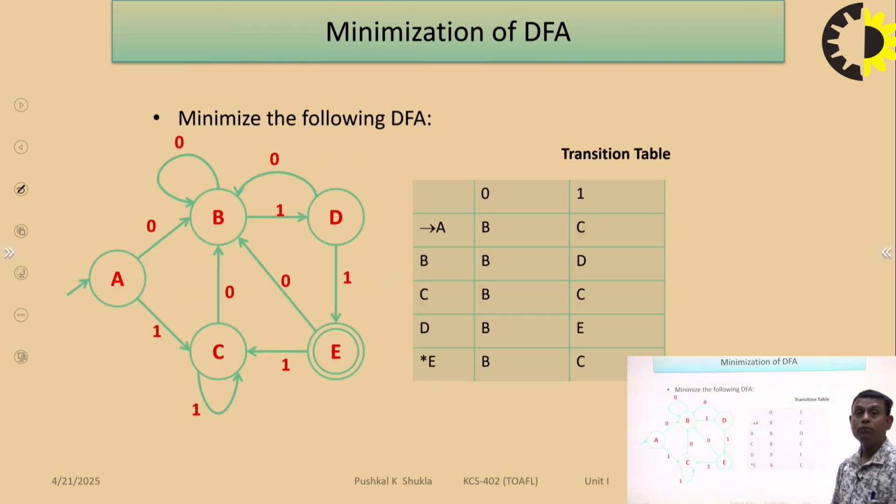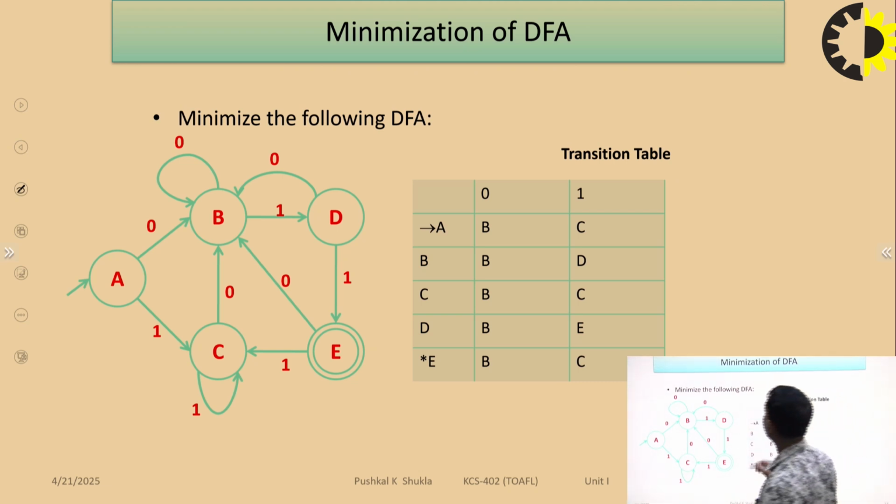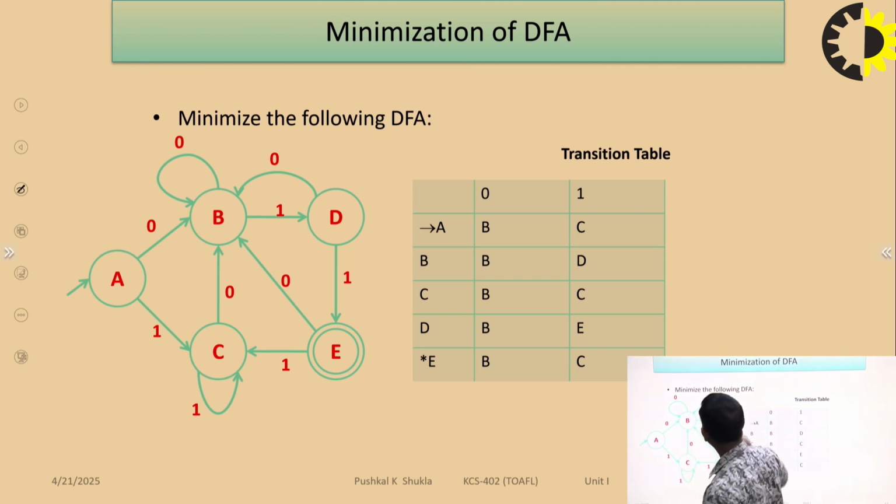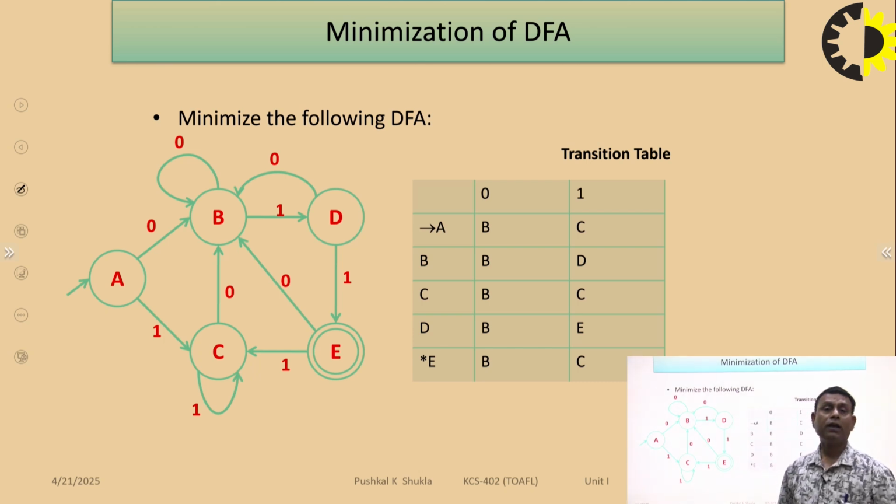How to remove these? Now the question is, this is a transition diagram of a DFA in which we have to find which states are indistinguishable states, which are inaccessible states, and which are unreachable states. So identify these. There are so many techniques.